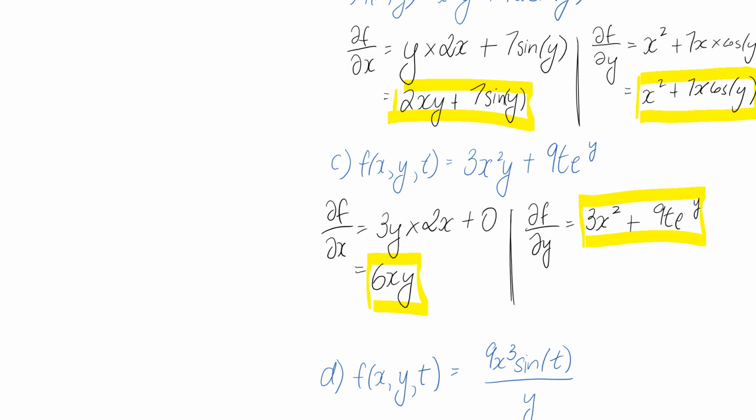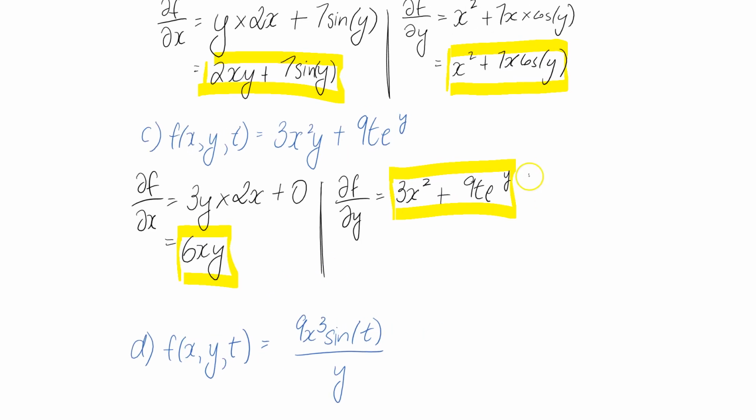All right, so we have one left. We also want to get the derivative with respect to t. So I'll pop that out on the end here. So this time that means x and y are considered constants. So looking at this first term, x and y, all right, constants, so therefore this whole thing is a constant.